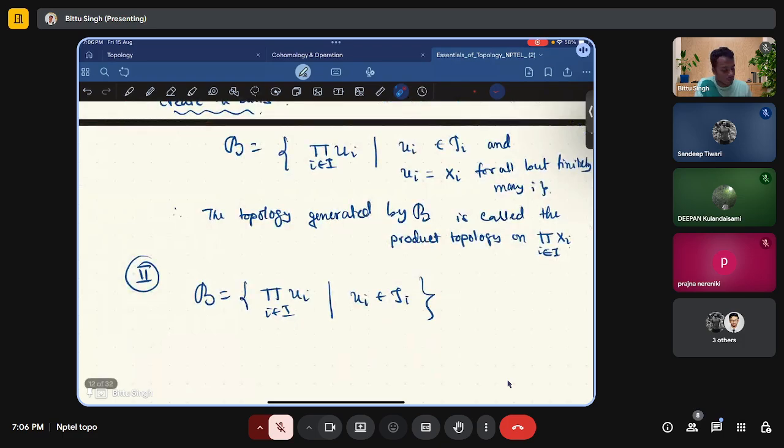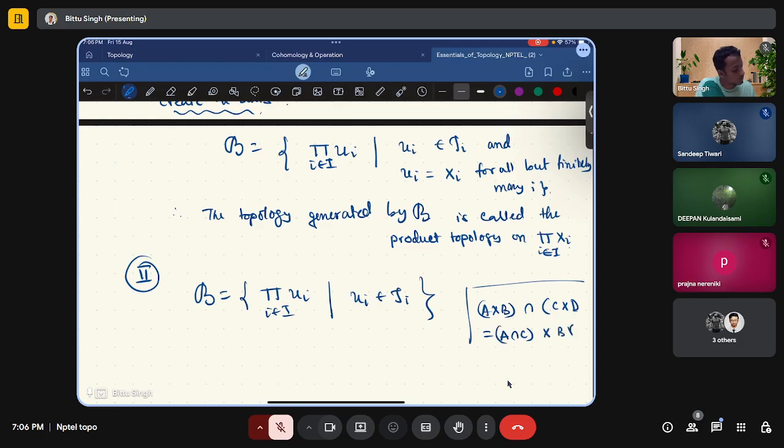You can check that the intersection of those kinds of sets is also open, because of this property: if you take A cross B and take the intersection with C cross D, again by the set theoretical property, this is A intersection C cross B intersection D. You can check that this forms a basis.